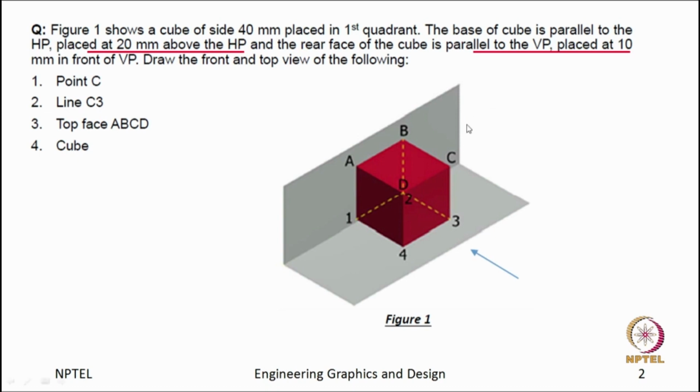And what will be the position of the square? It is situated at a distance of 20 mm from the horizontal plane. So, definitely the front view will be 20 mm above the reference line, and the top view will be 10 mm ahead of the reference line. Let us draw this.